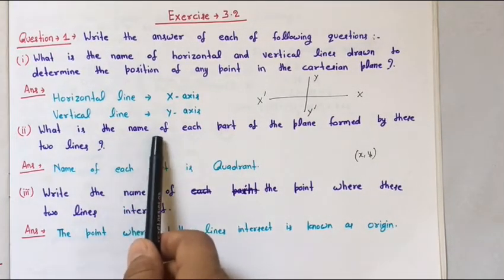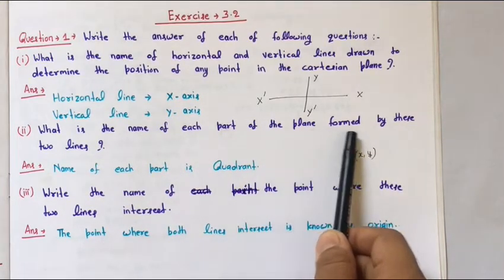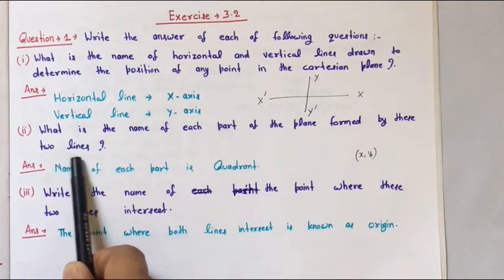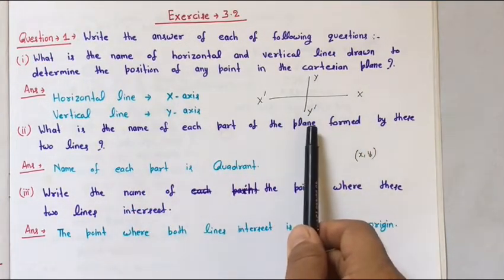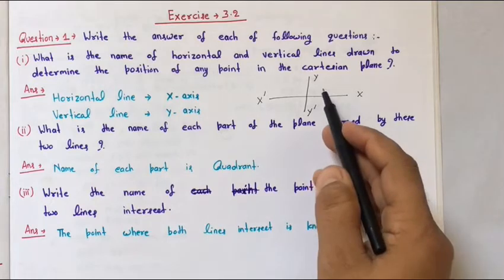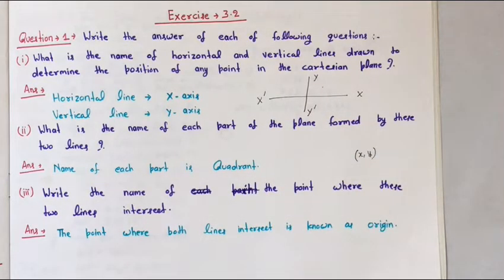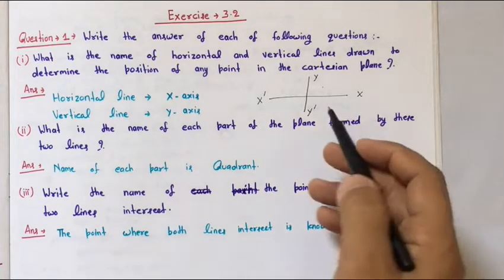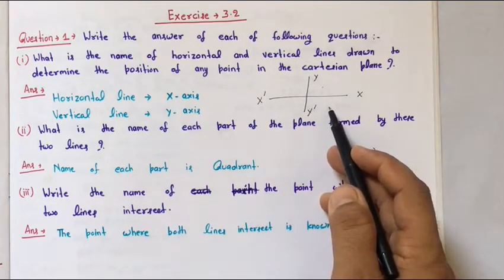What is the name of each part of the plane formed by these two lines? Means the partitions of the plane through the x and y axes, what is the name of those parts? These are the partitions 1, 2, 3, 4, and you know it very well. These partitions are known as quadrants. This is the first, this is the second, this one is third, and this one is fourth.